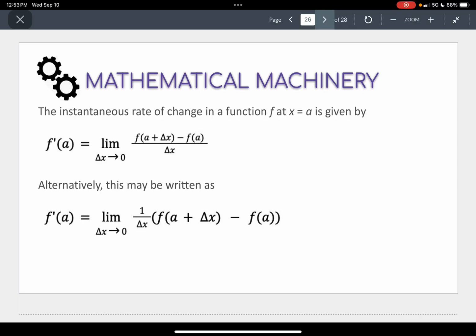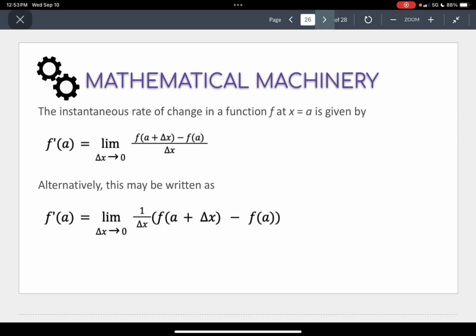As we continue this discussion of average rates of change, it's helpful to be able to talk about an instantaneous rate of change. In the prior example, we estimated an instantaneous rate of change by using a small delta, if you will. Let's formalize that language. The instantaneous rate of change of a function f at x equal a is given by f prime of a.